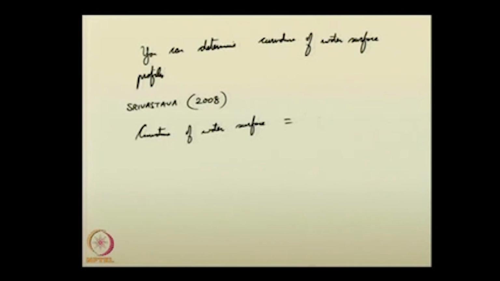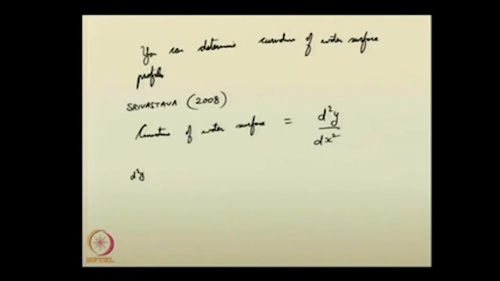is nothing but the derivative of the slope of the water surface, that is, d squared y by dx squared. Now, based on the value of d squared y by dx squared, suppose this is a positive quantity, so that the slope is increasing in the direction of flow.